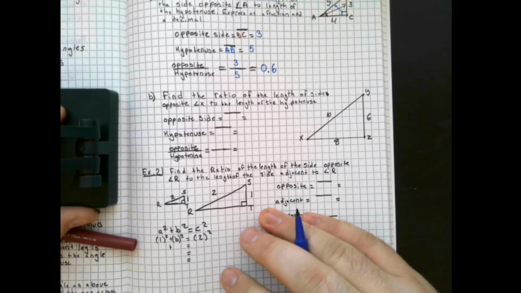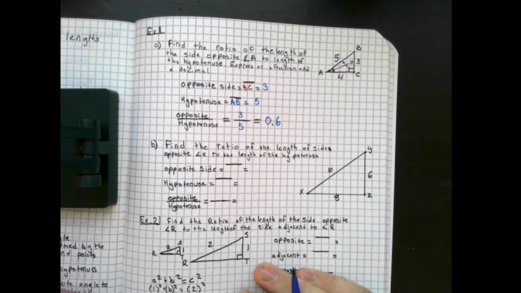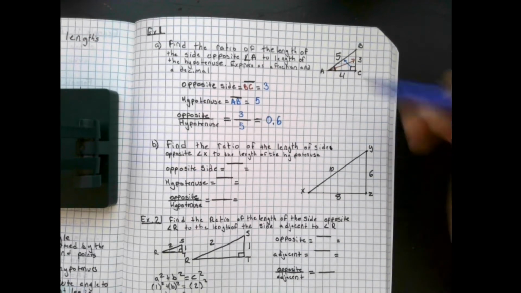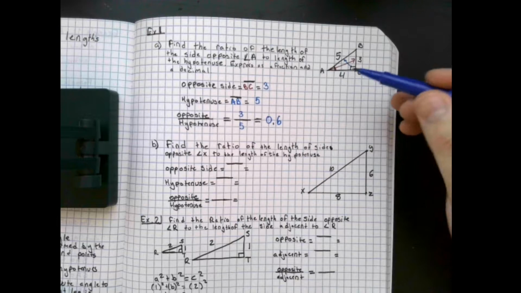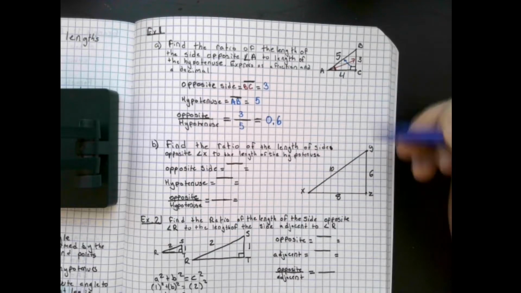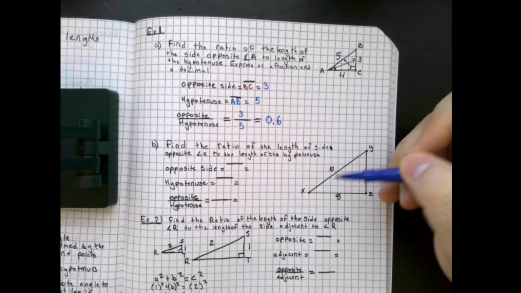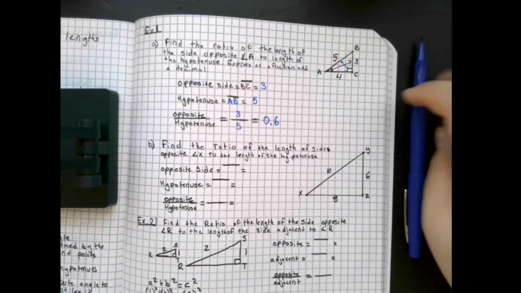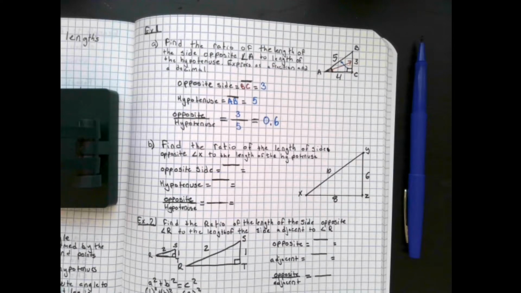Now, part B of example 1 asks us to use this larger triangle, which is similar to the small one over here. It's twice as big in every dimension. We can see 3 to 6, that's times 2, 4 to 8, that's times 2, and 5 to 10, that's times 2. And we can say that in this similar triangle, we're trying to find the ratio of the length of the sides opposite x.